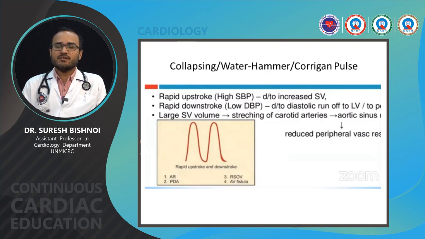So there is a rapid decrease, leading to lower diastolic blood pressure. Some people say there is a diastolic runoff of the blood to the LV, but this portion contributes very little. Most of the contribution is by the peripheral runoff of the blood due to the reflex, which is initiated by the stimulation of the receptors in the carotid arteries. Common causes are AR, PDA, RSOV or AV fistulas.